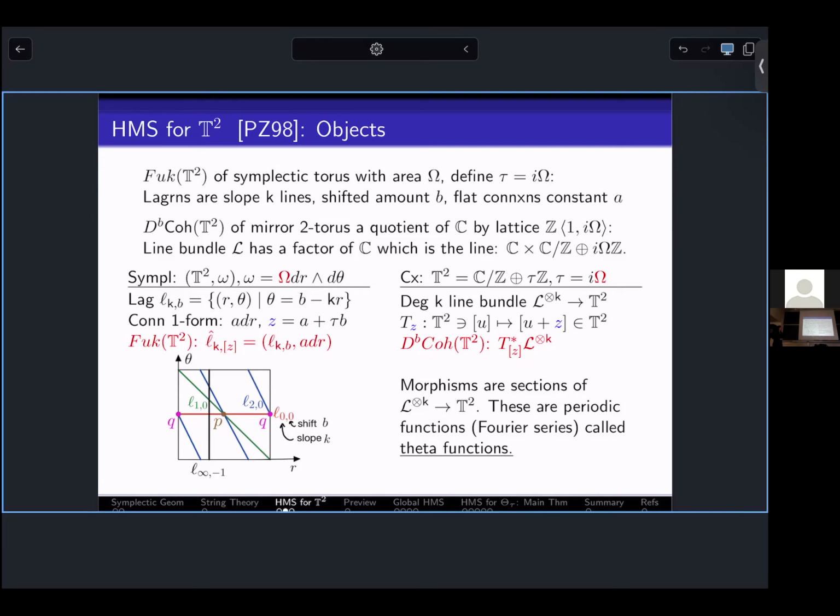There's a Picard group worth, like a 2-torus worth, of line bundles of degree K, by translating by this Z, pulling back by translation. So the mirror to that is you take the tau real part, and that goes into a connection 1-form, and then the tau imaginary part, this B, goes into a shift. So it kind of splits into 2 parts. That's why we need the Z on this side.